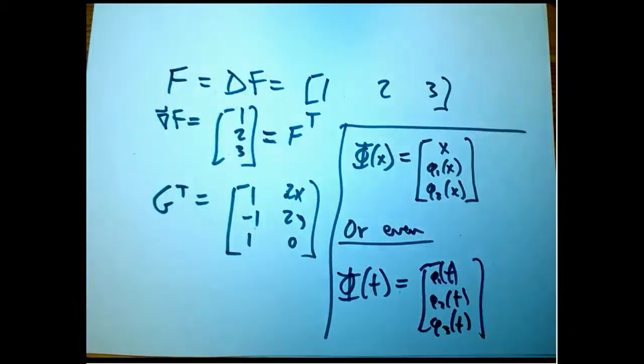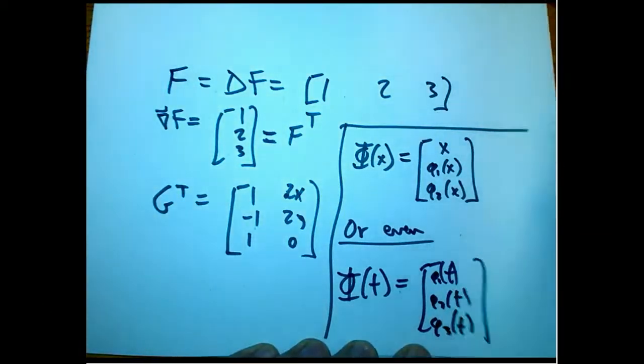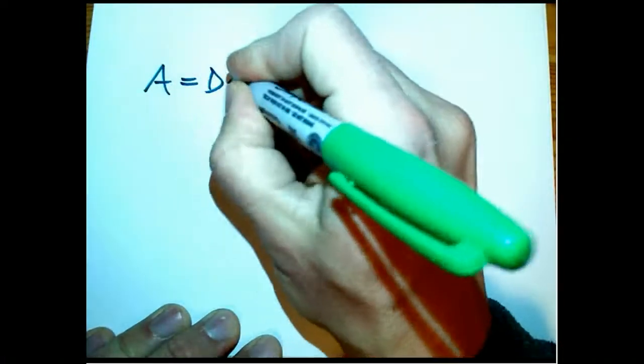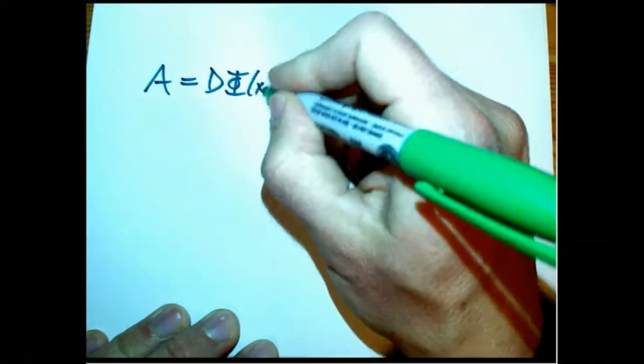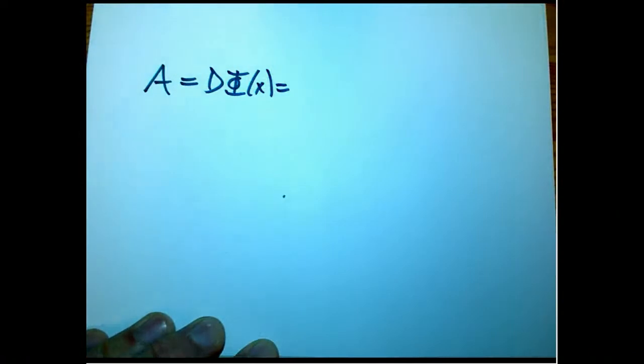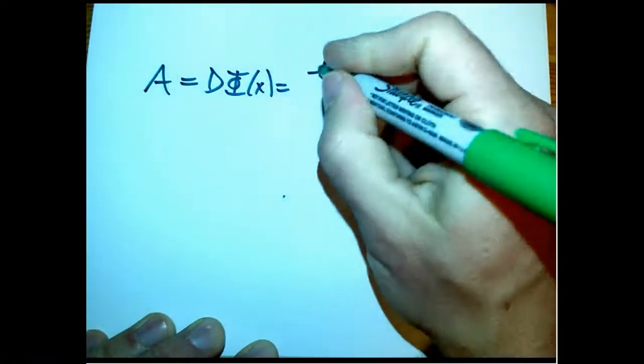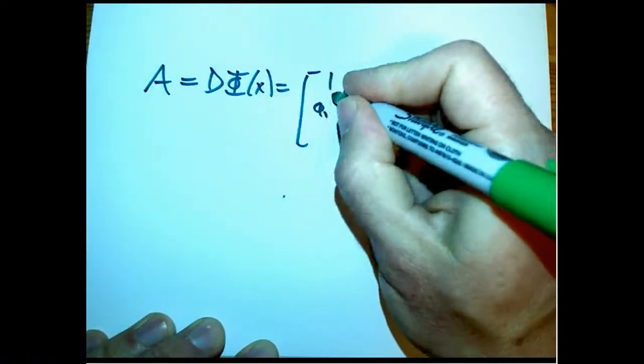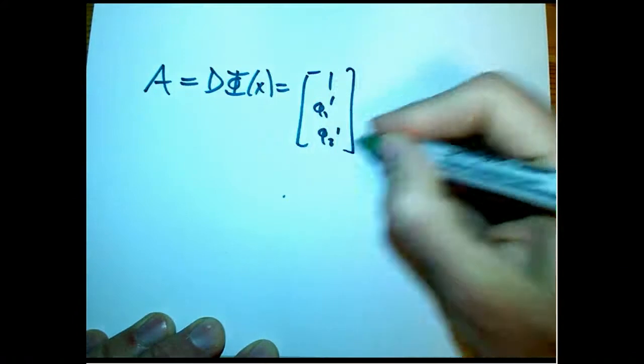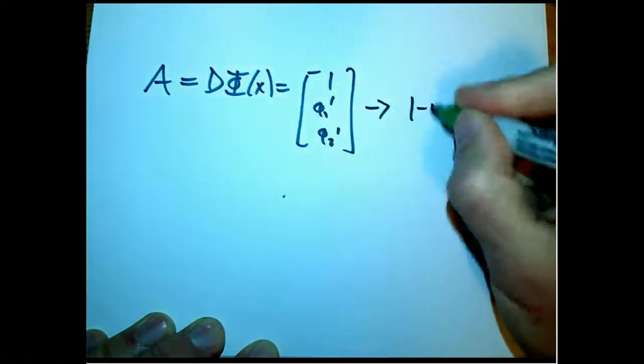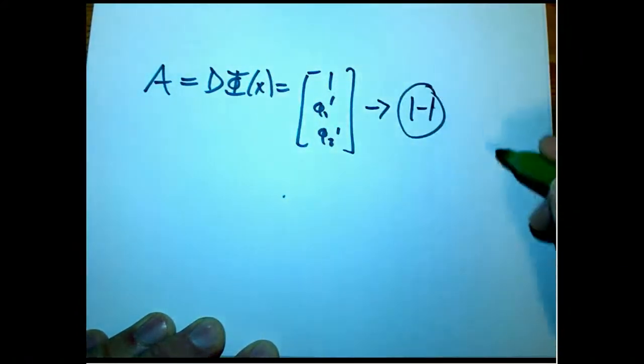And the key thing is just that d phi, which we've been calling the matrix A, the derivative matrix of phi, just the derivatives of these guys, is a one-to-one matrix.